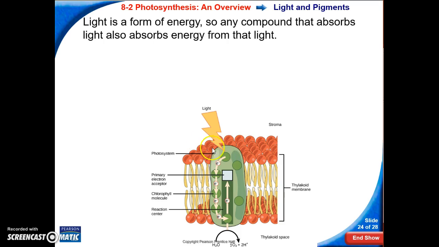And within it, we have this photosystem. And a photosystem is where we find a chlorophyll molecule. So the pigments that give plants their color are found within the thylakoid, and they're found within these molecules called photosystems. And so light actually gets absorbed by these chlorophyll molecules.